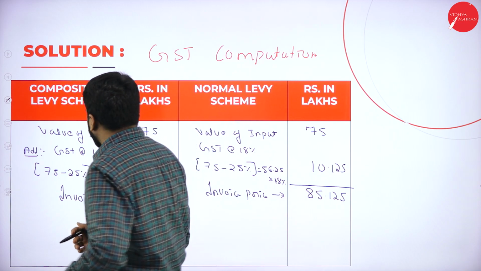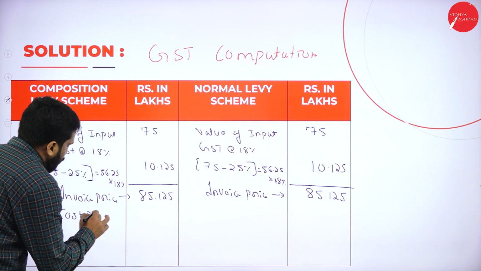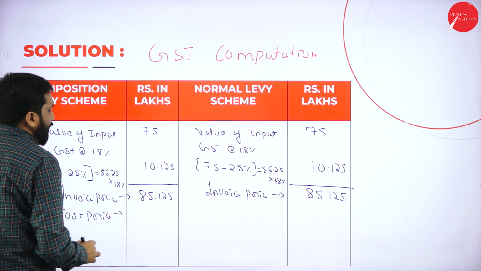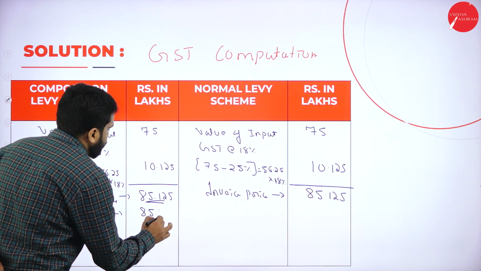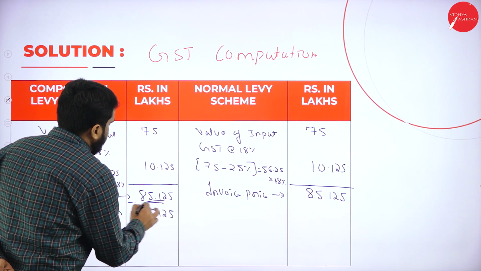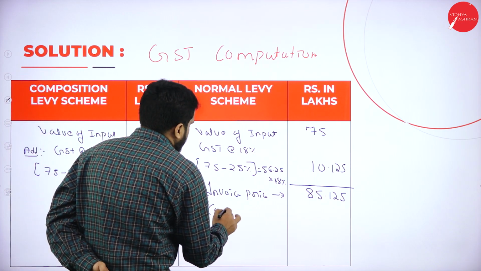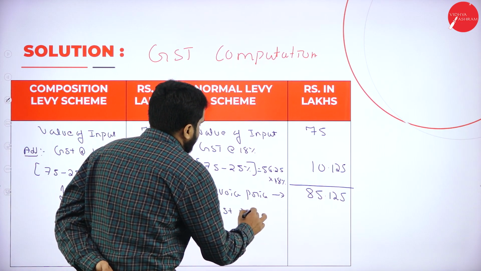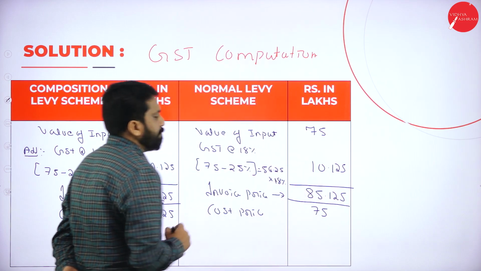Now we have to start with cost price. What is the cost price? This one only is cost price for us. But what about this? In this, we go with 75 as your cost price.